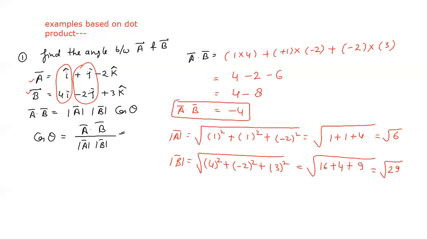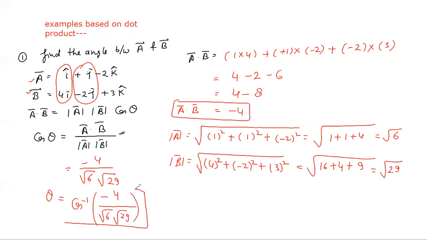So A dot B is given, and mod A and mod B are given. So we put the values: A dot B equals -4, mod A equals under root 6, and mod B equals under root 29. So this is the value of cos theta. If we find theta, we write cos inverse of -4 upon under root 6 into under root 29.